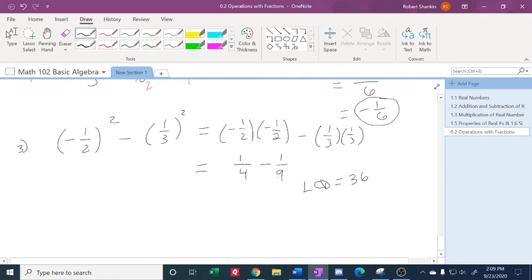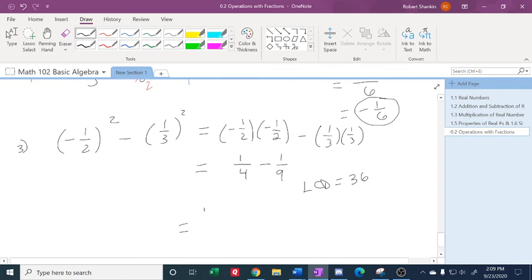The reason why I know it was going to be 36 is because look at what's a part of 4: 2 times 2. Look at what makes up 9: 3 times 3. There's no numbers common to both of those. That's why the LCD is just 36.